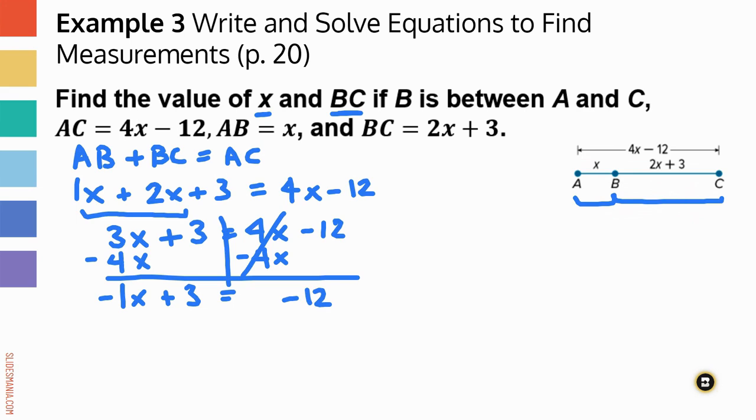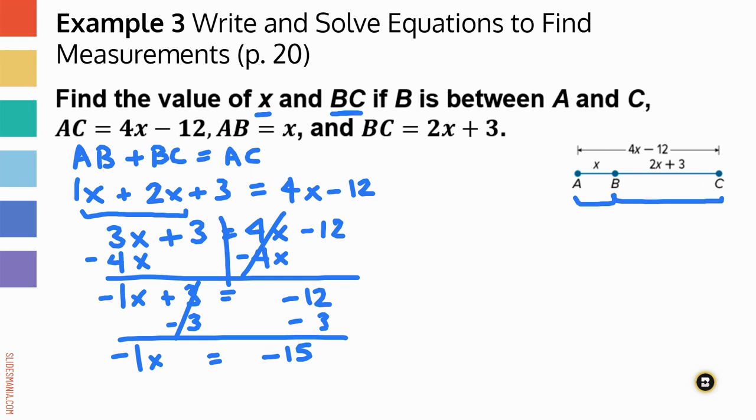Okay, so now I'm going to get my constant terms together. So in order to move positive 3 to the other side, I need to subtract 3 from both sides. And then negative 1x comes down. 3 minus 3 cancels out. And then negative 12 minus 3 is negative 15. And please feel free to use a calculator to do this arithmetic.